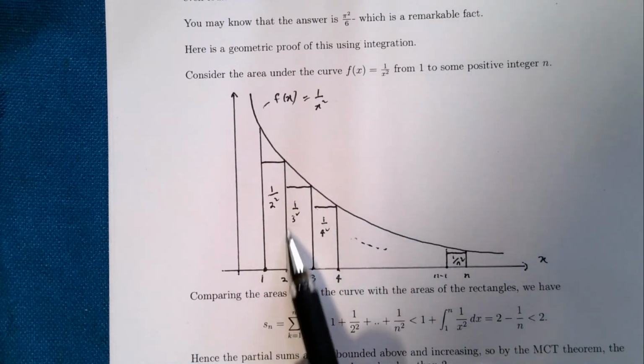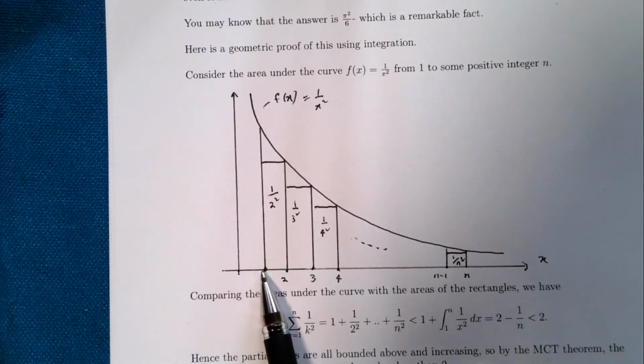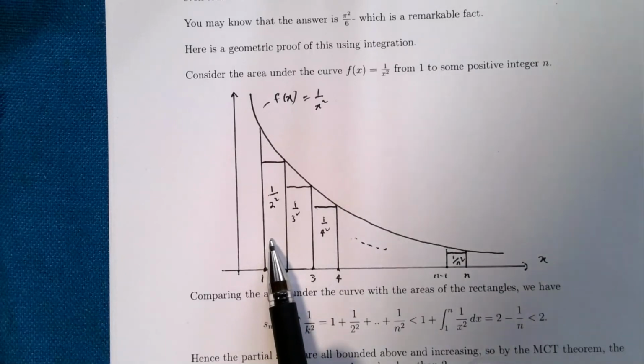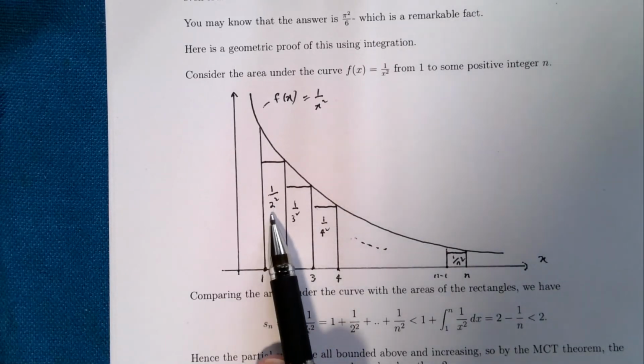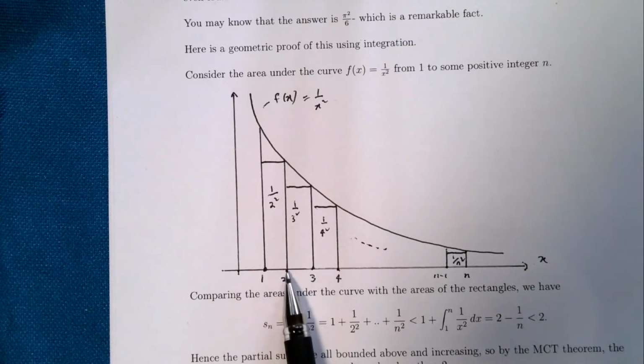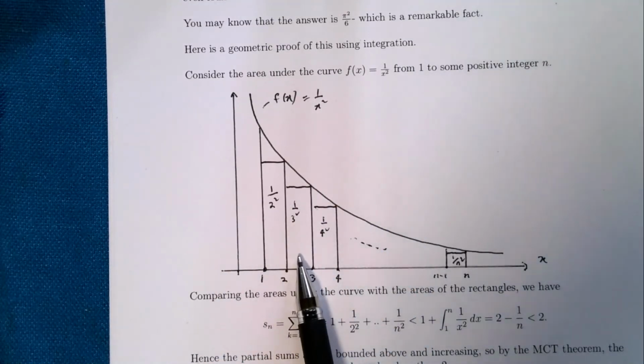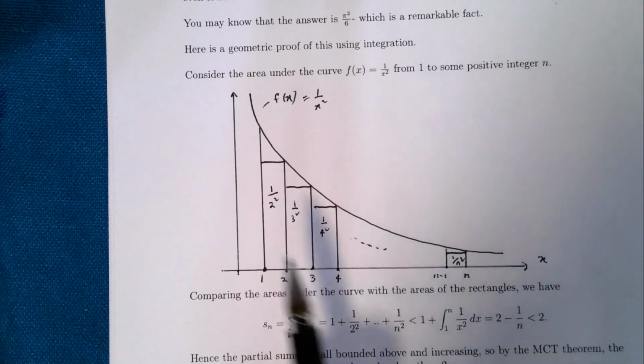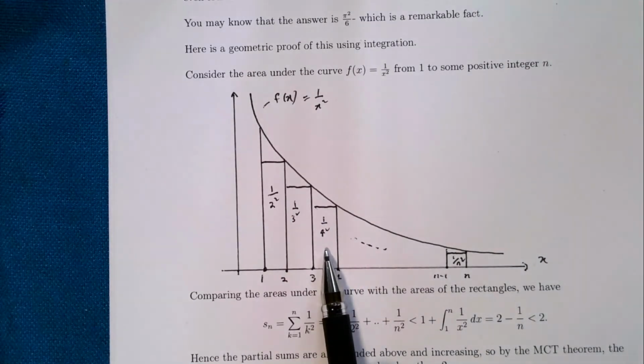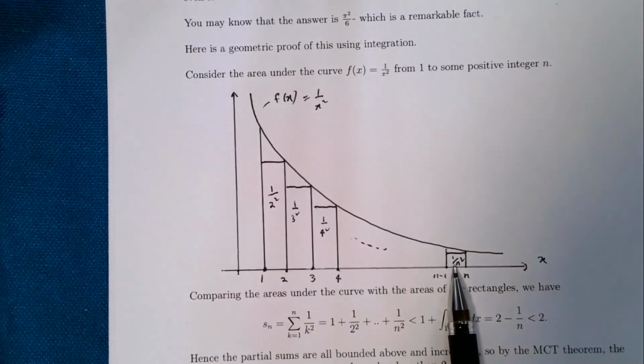So it has a height of 1 on 2 squared, width of 1, so the area of this rectangle is 1 over 2 squared. Similarly for this one, the width is 1. I put 3 in there, I get 1 over 3 squared. So the area of this rectangle is 1 over 3 squared, and so on. The area of this rectangle is 1 on 4 squared, and at the end I get 1 on n squared.